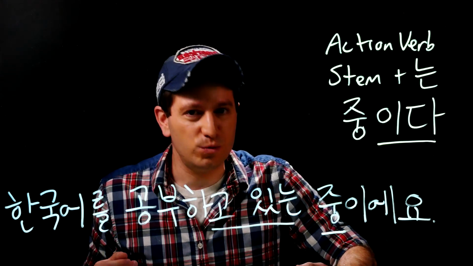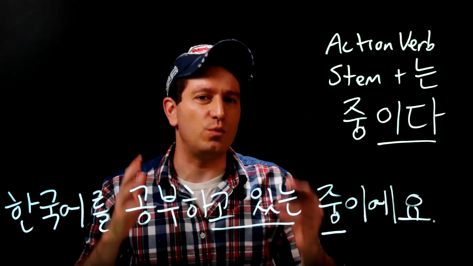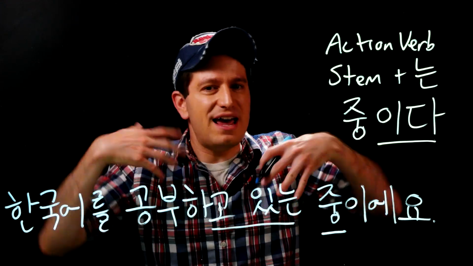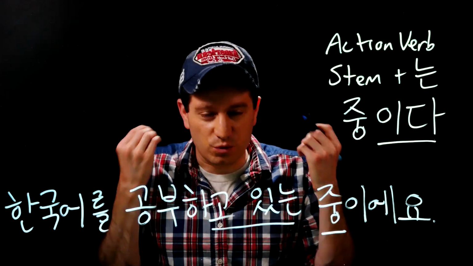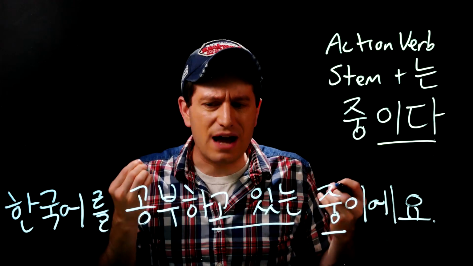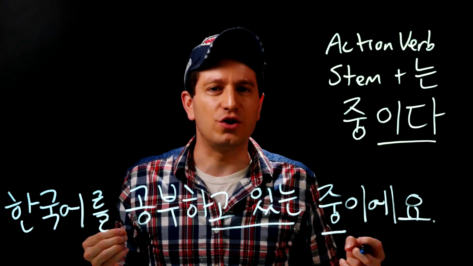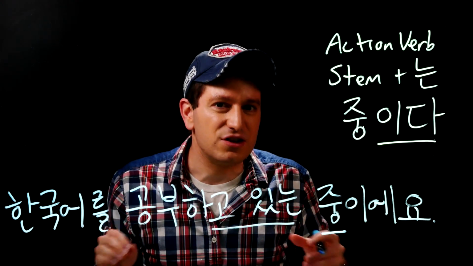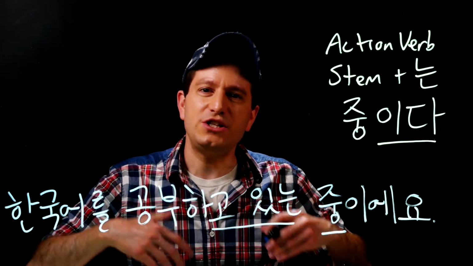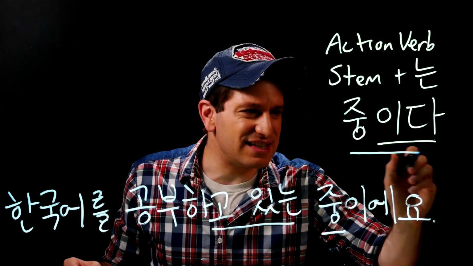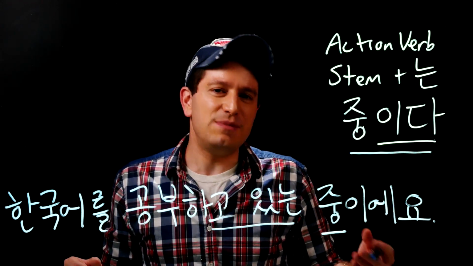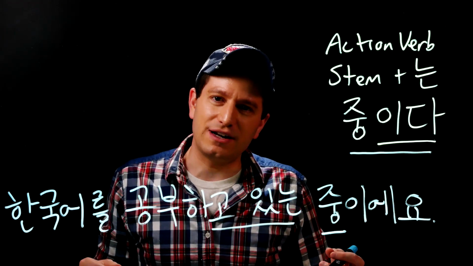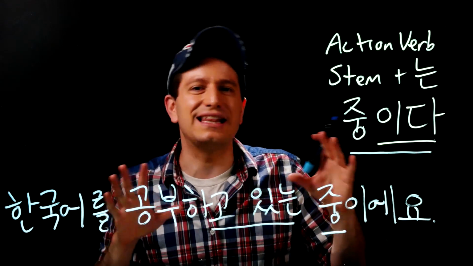Just like saying 공부하는 중이에요 also means right now you are doing it, but it emphasizes even further, like right now I'm in the middle of studying Korean, or I'm studying Korean currently. Right now I'm in the middle of studying Korean. Like that. So it's used simply to emphasize that something's going on right now, and because of that you'll see all of these 3 variations. Just know that they're each slightly different.